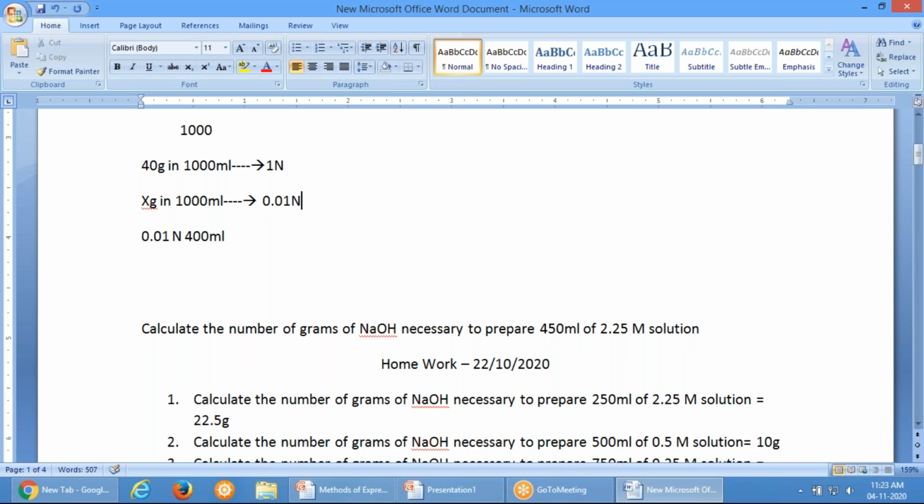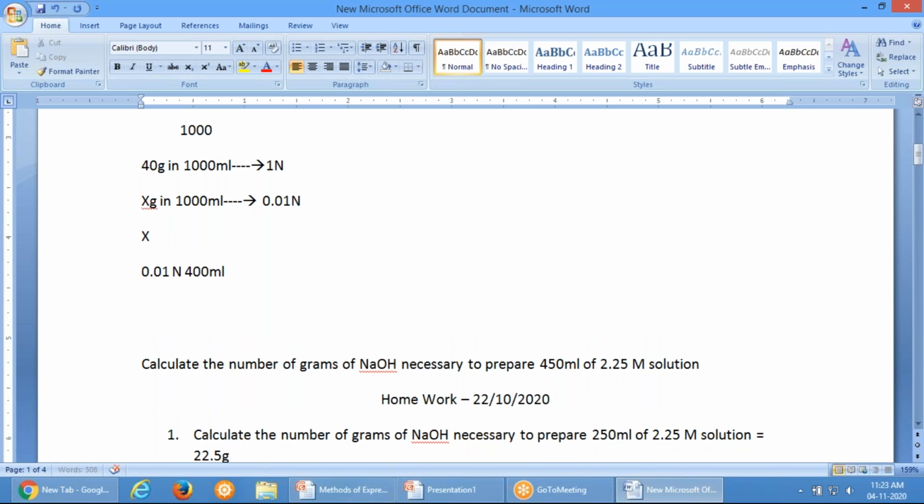For 0.01 normal, x is equal to 40 into 0.01 divided by 1. So how much will it be? 0.4 grams.